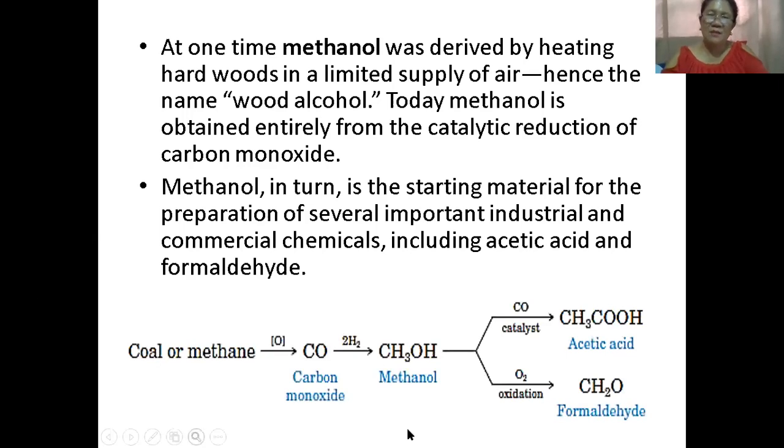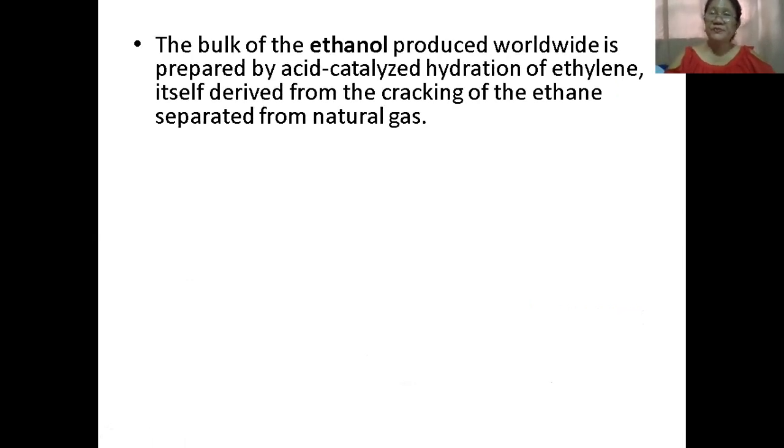So the carbon monoxide and methanol, you will form this by means of catalysis. Catalysis, you will form acetic acid by means of an oxidation process. This is the catalytic reaction. Formaldehyde, it will form formaldehyde. So the bulk of ethanol, of course, is taken from natural gas.